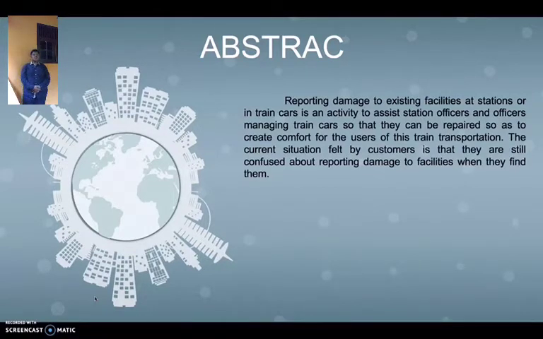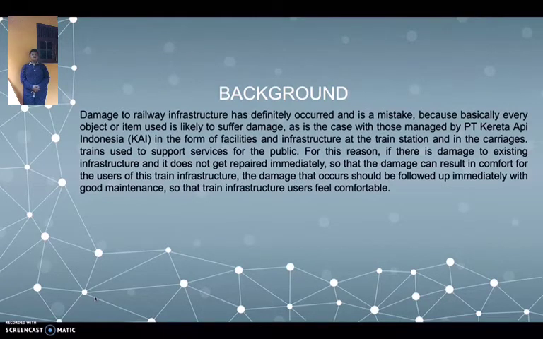The background: damage to railway infrastructure has definitely occurred, and it is natural because basically every object or item used is likely to suffer damage, as is the case with those managed by Kereta Api Indonesia, or KAI, in the form of facilities and infrastructure at the train station and in the carriage, used to support service for the public.